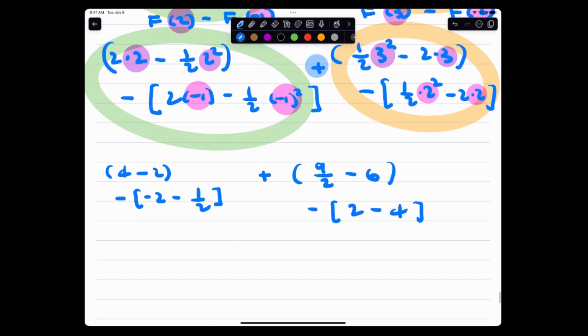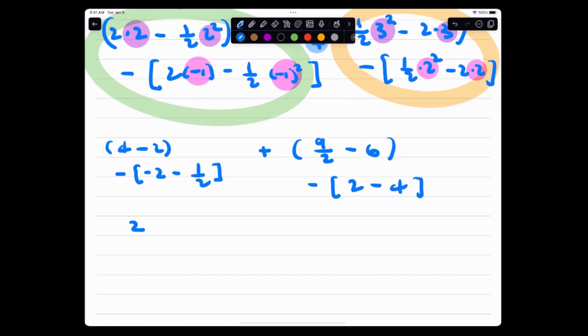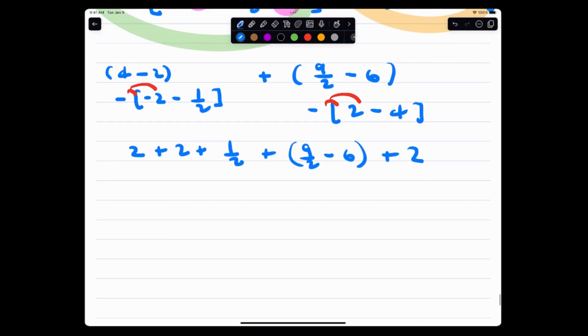Okay? So I just want to share with you guys here. Let's do some arithmetic. 2 plus 2 plus 1/2, it looks like over here. Double check. 9/2 minus 6 still. You know what I can do? That'll be just plus 2, right? 2 minus 4 is -2. The opposite is positive. So now I can get rid of all my parentheses.